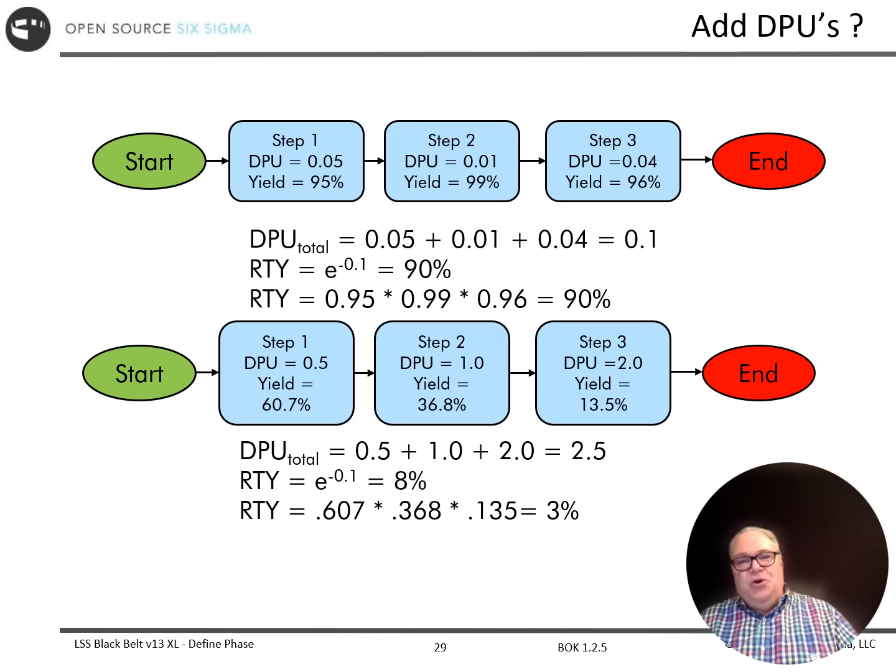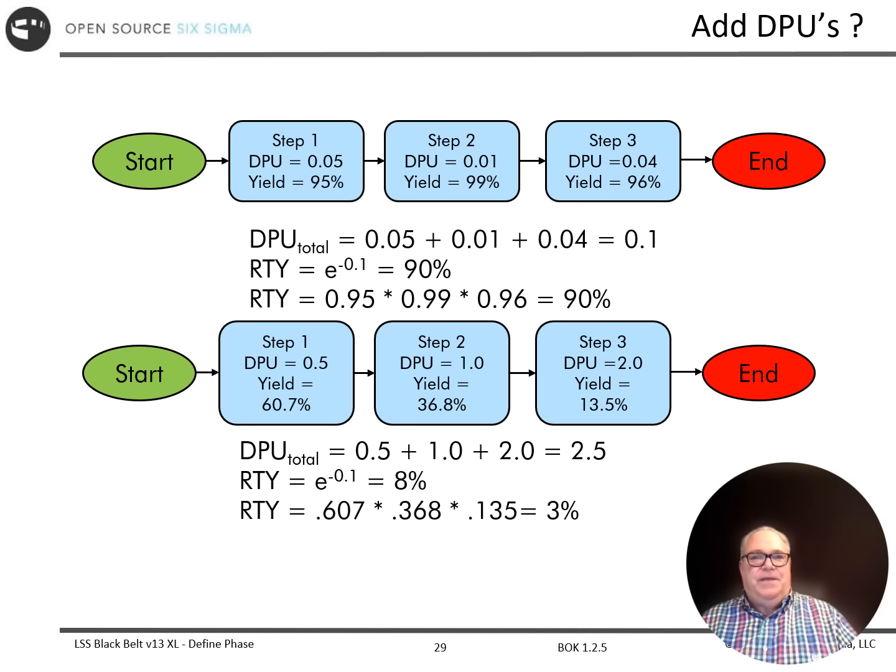But from a pure accuracy perspective, if I add up a half, 1, 2, I have 2.5 defects per unit. If I use my little e to the minus DPU, I get 8%. Versus if I cross multiply my yields, 60% times 36% times 13.5 gets me to 3.